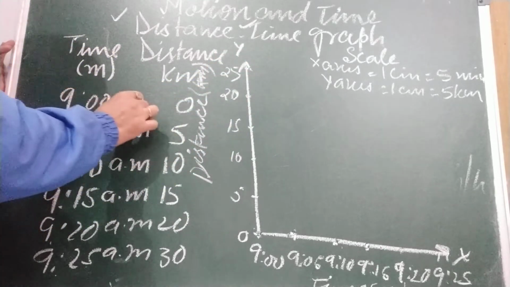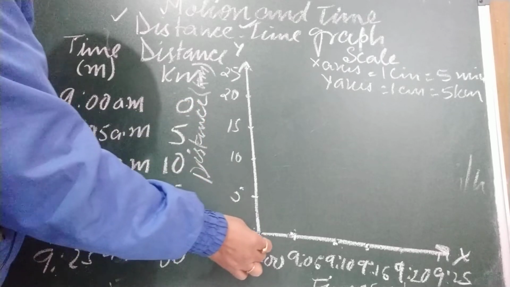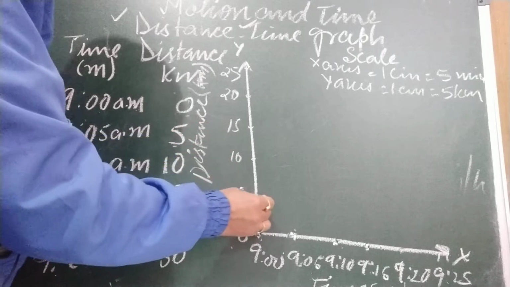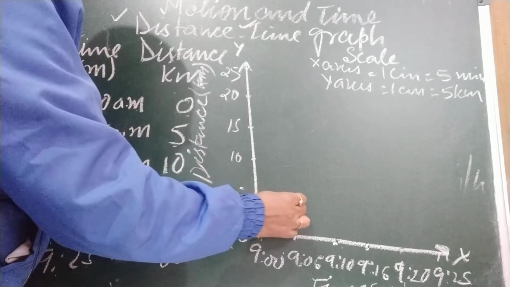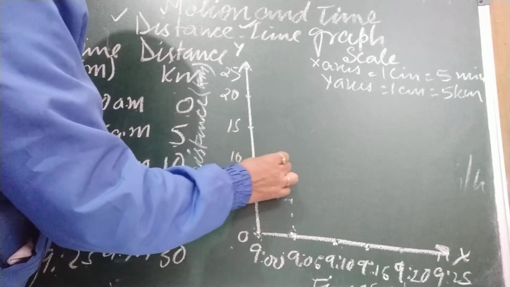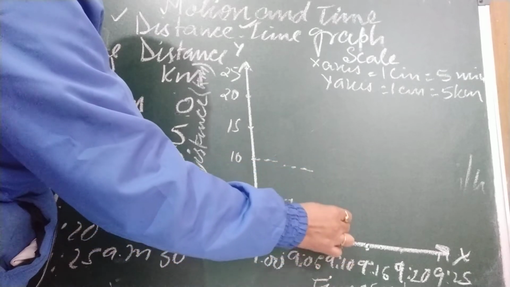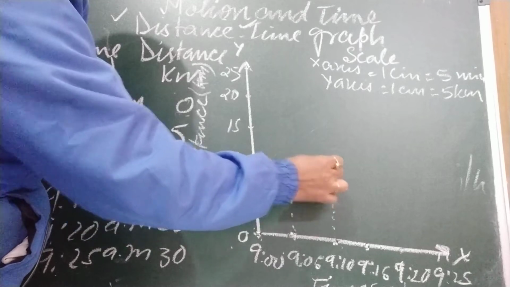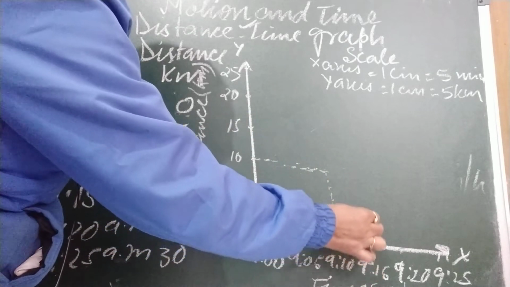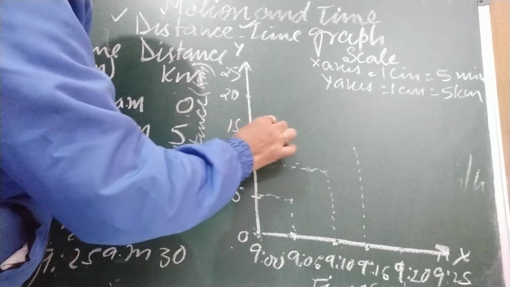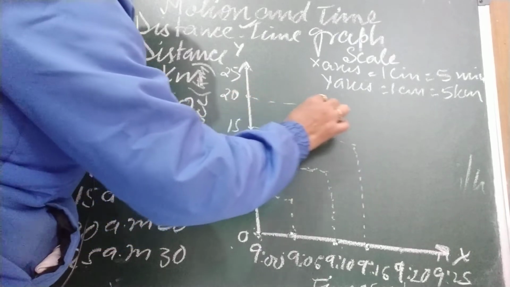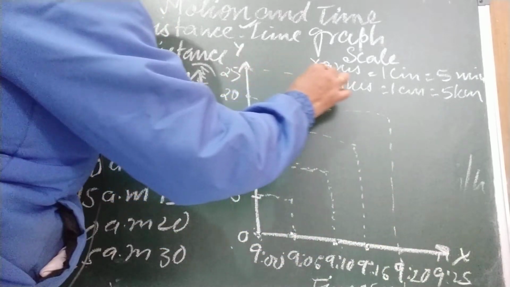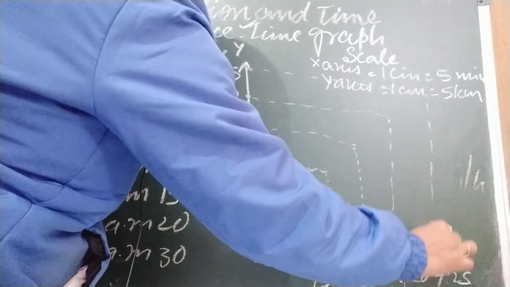So children, at 9 a.m. the vehicle is started. At 9:05 it has reached 5 kilometer. At 9:10 it has covered 10 kilometer. At 9:15 covered 15 kilometer. At 9:20 covered 20 kilometers. And at 9:25 it has covered 25.